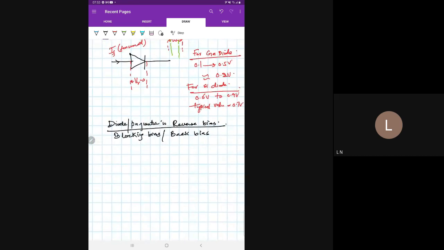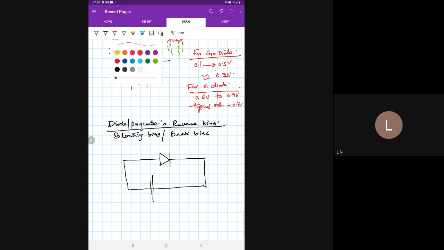Now, a PN junction is said to be in reverse bias condition, as we discussed yesterday, if a lower potential is applied on the P side and a higher potential is applied on the N side. Now the current that will flow in the reverse bias situation.